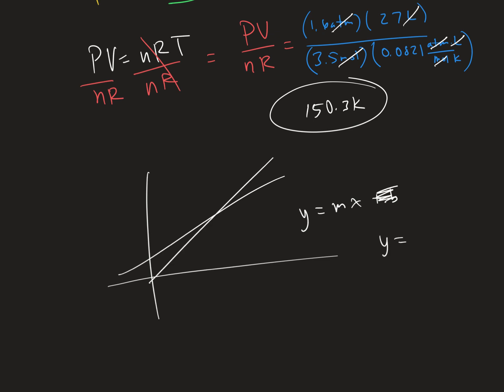Then we have y equals mx, right? How is y related to x? Directly related, right? But it depends on the slope. So you're wondering, okay, that's what the constant is. This stays constant, right? The constant in this equation is the slope.